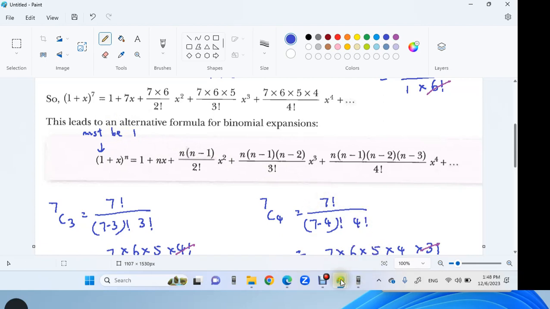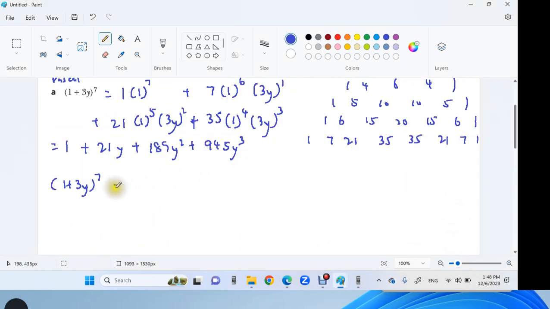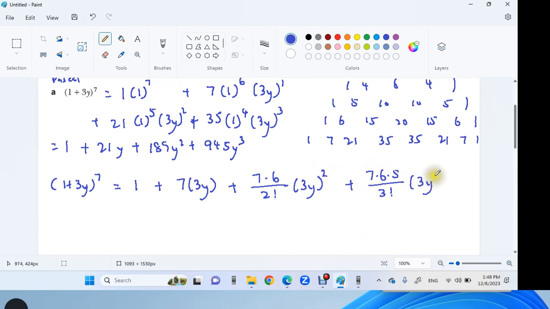Okay, so for this one, it will become 1 plus 7 times 3y plus 7 times 6 over 2 factorial (3y) squared plus 7 times 6 times 5 over 3 factorial (3y) to the power 3.